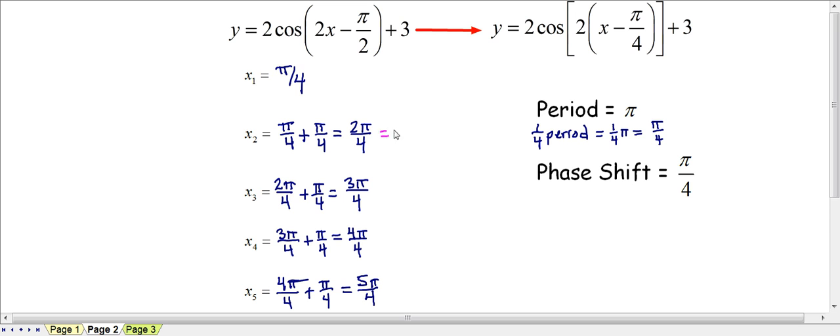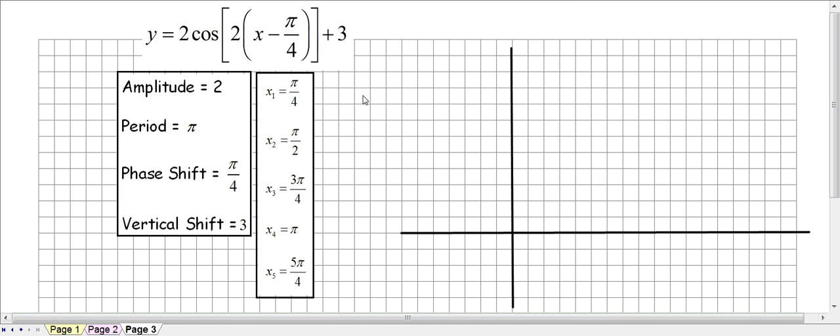Now we have some of these that will reduce. 2 pi fourths is pi halves, and 4 pi fourths is just pi. So now we have the x coordinates of our 5 key points that we'll use in our graph. Okay, so let's list those 5 key points along the x-axis.